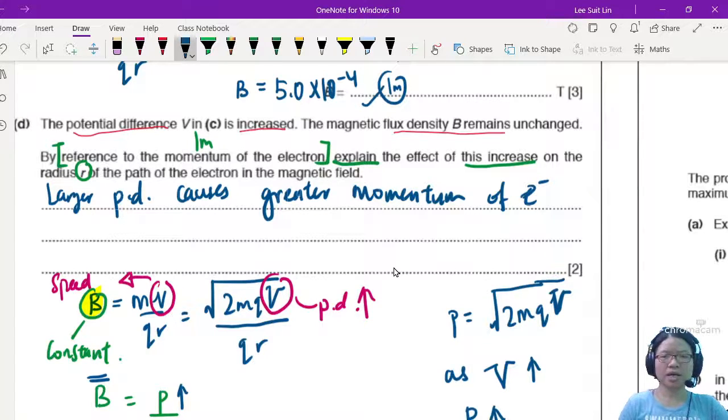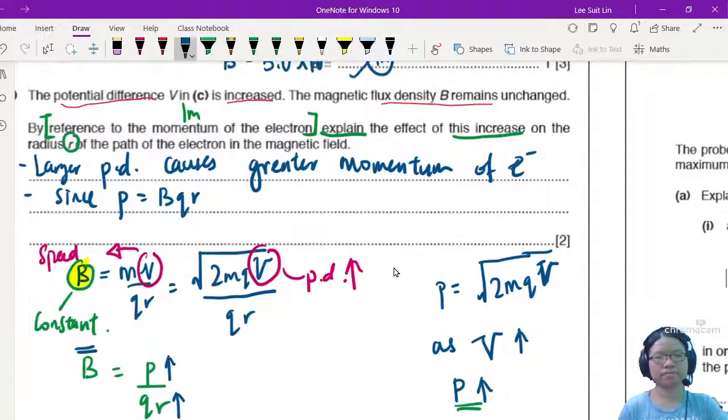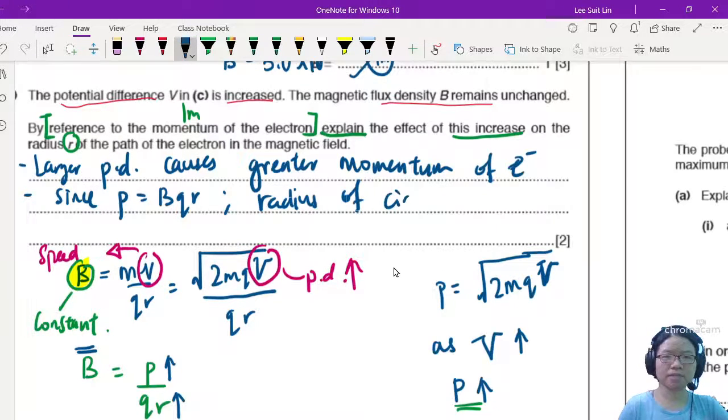Then explain how it affects R. Because there's a larger momentum, hence, since P is equal to BQR, the radius of the circular path R increases. So those are the 2 marks.